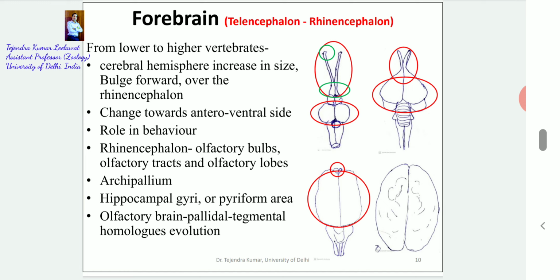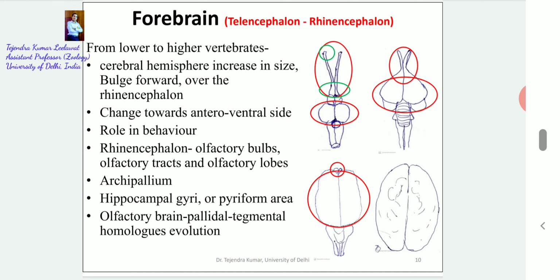The upper red circle shows the olfactory region or rhinencephalon, whereas the lower circle shows the cerebral hemisphere. So you can see clearly that the rhinencephalon was prominently present in the lower vertebrates.